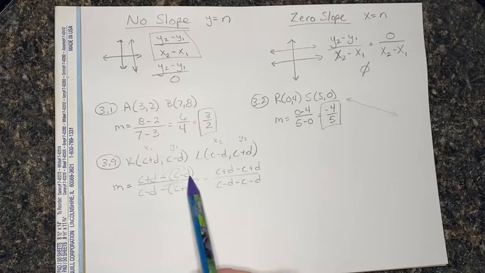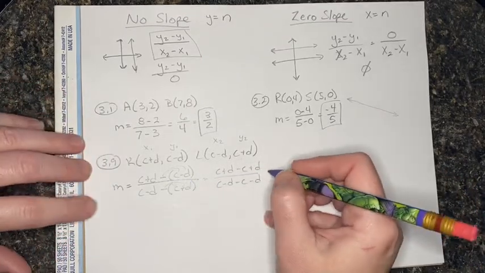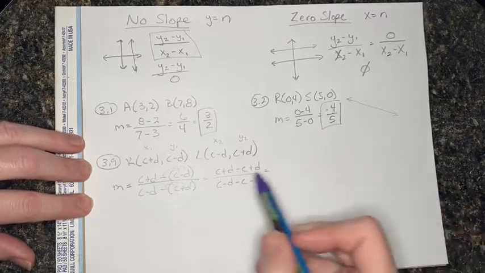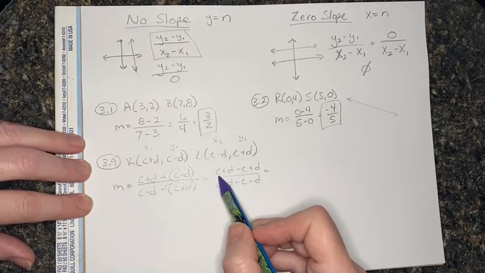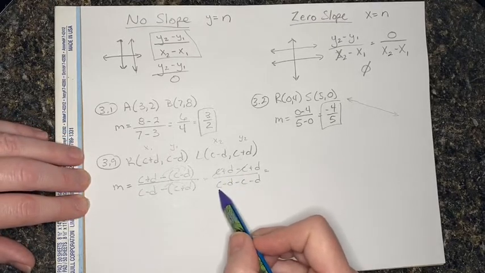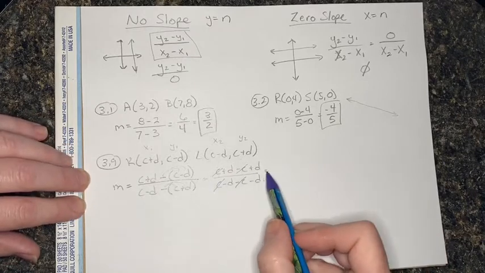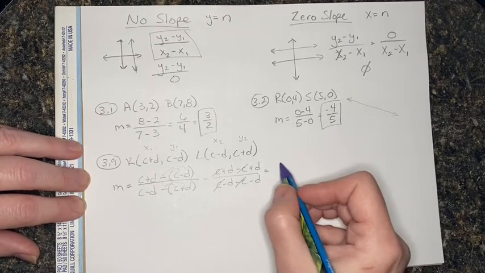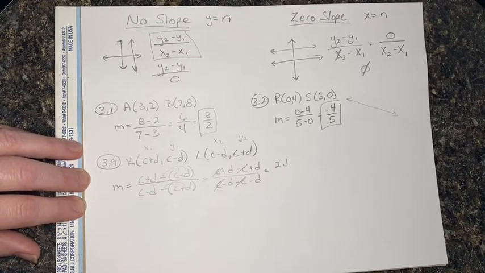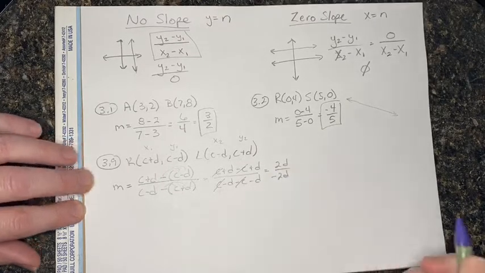Negative C here, positive D. All right, so now in the numerator and the denominator on their own, we're going to cancel what we can cancel. We have a positive C and a negative C, so they're gone. Down here, we've got a positive C and a negative C, so they're gone as well. Now we're just going to add these up. So we've got 2 D's at the top, and we've got negative 2 D's at the bottom.